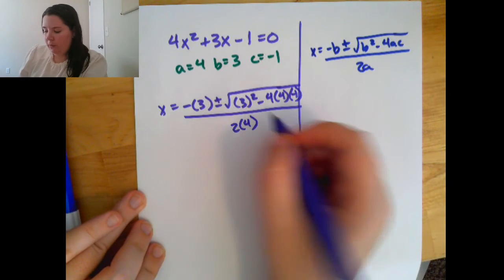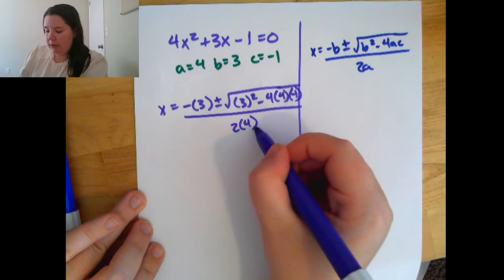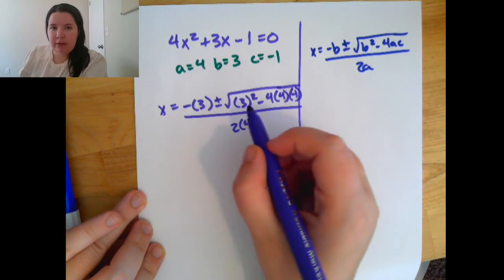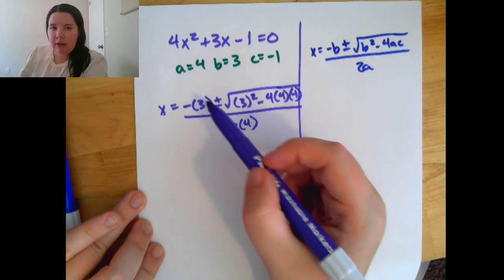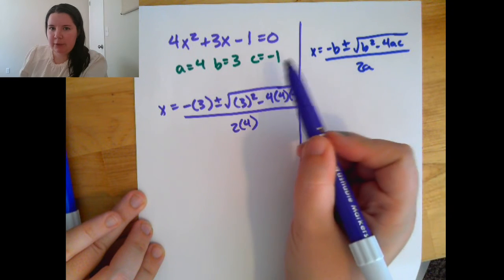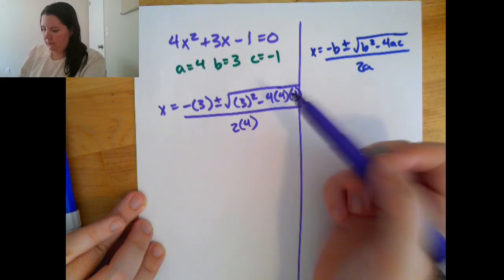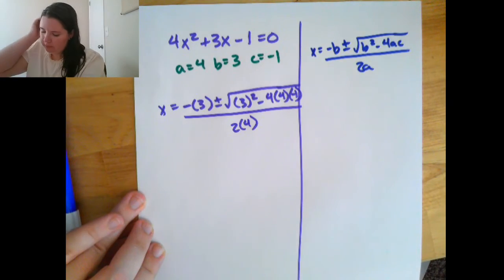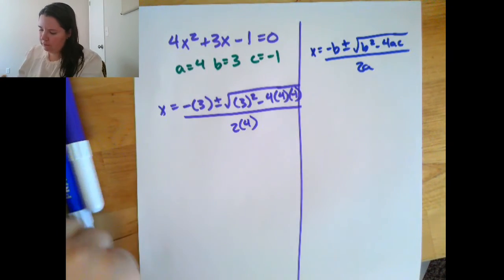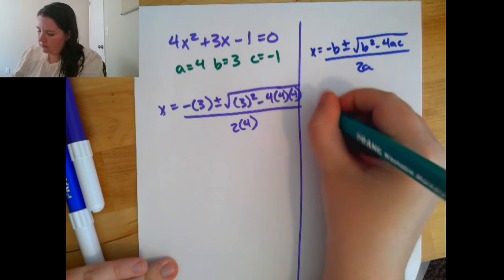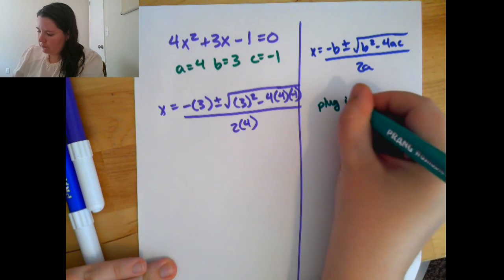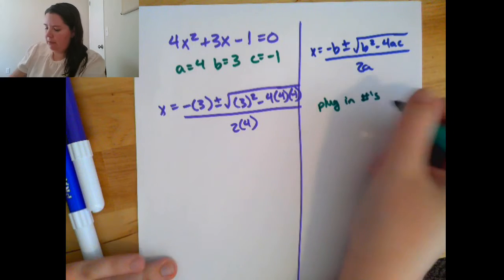Again, I'm using parentheses to show that I'm plugging these numbers in, and I'm just taking these numbers, putting them right into the formula. A, B, and C.